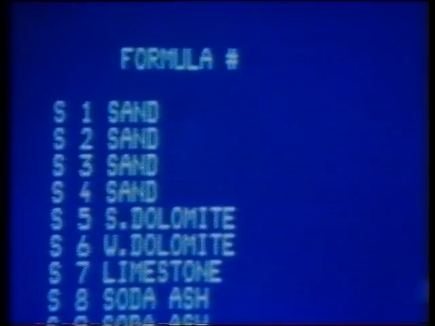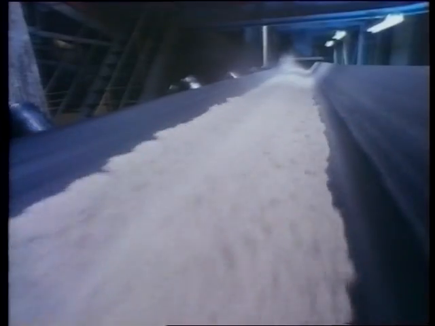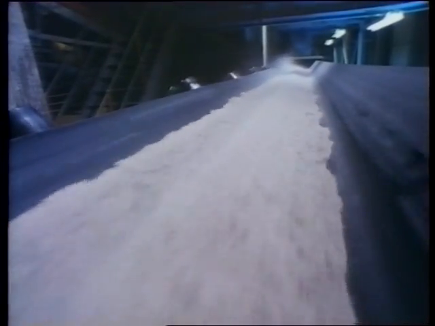Glass is made in a continuous flow process. Each stage in the operation is accurately timed. Cullet, or broken glass, is also added to assist in the melting process. Glass to make glass.